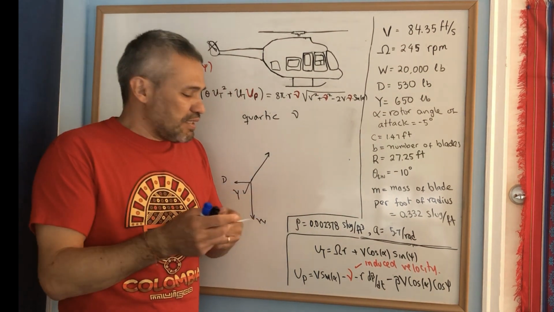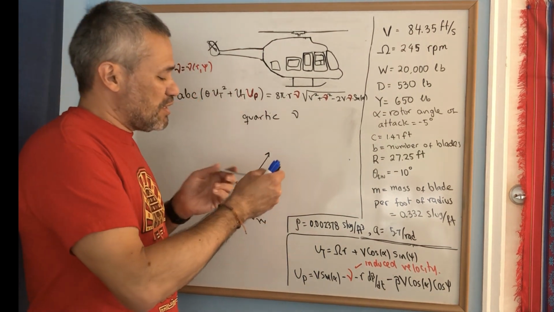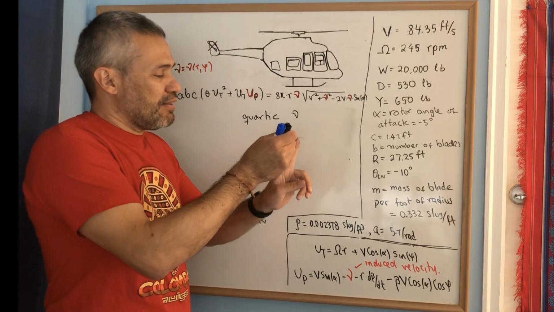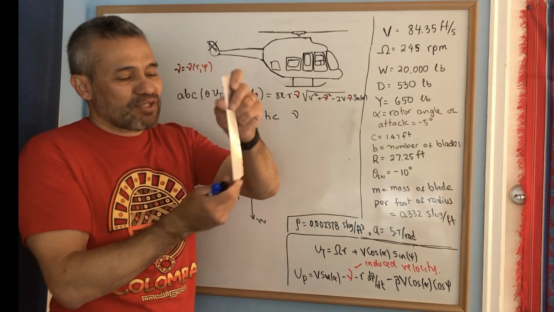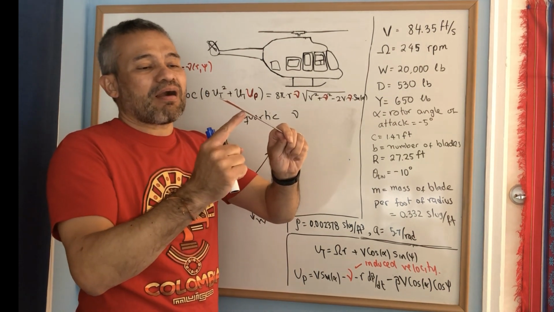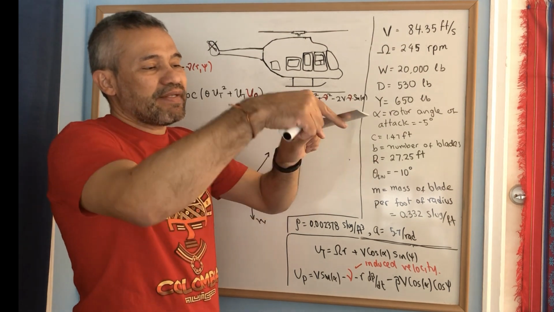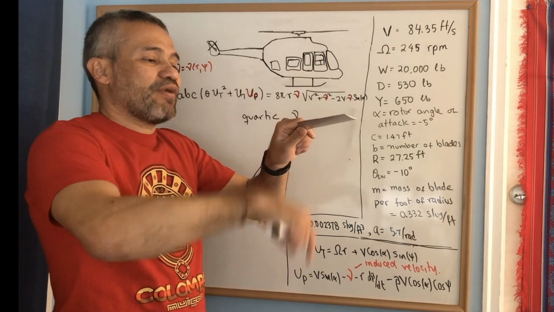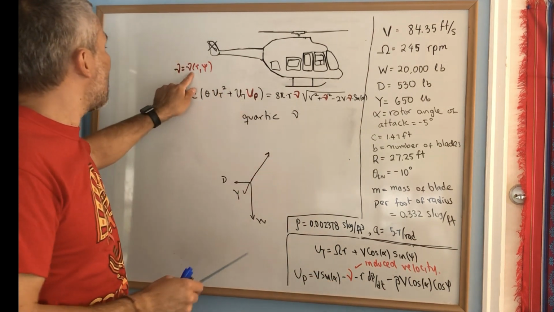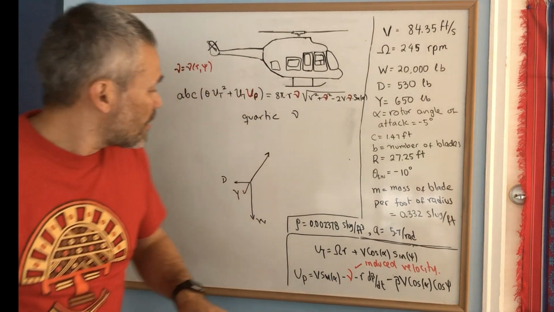Notice that the mu has a physical interpretation. The induced velocity is the velocity of the air that comes down when the blade hits the air. Then this blade rotating at every r and at every azimuth angle, there is a velocity of the air going down, which is called the induced velocity. It depends on r and it depends on psi.